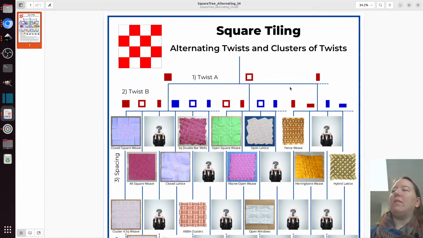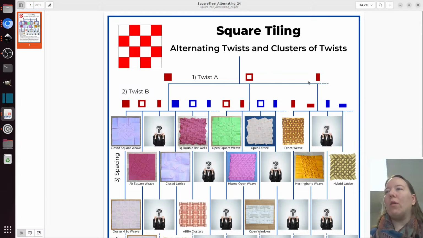And so as these decisions are happening, the first decision is, okay, let's say I'm doing an alternating pattern. My twist A is going to either be closed, open, or hybrid. And this little dashed line says that's not actually all the options. You can have more different twists that you use.